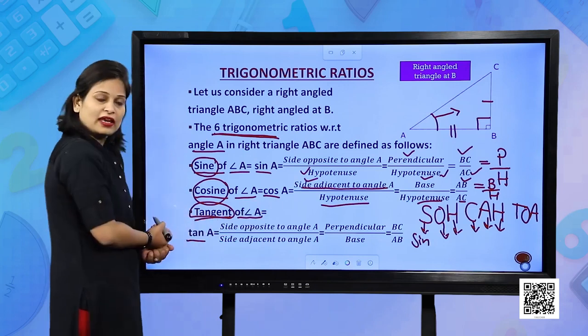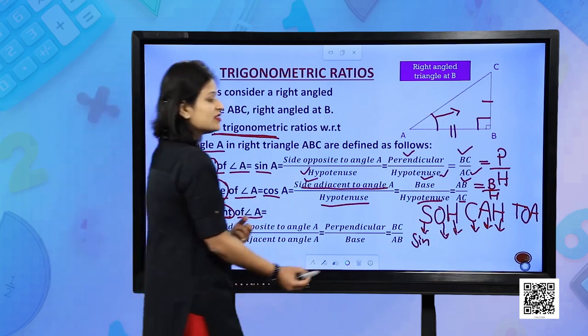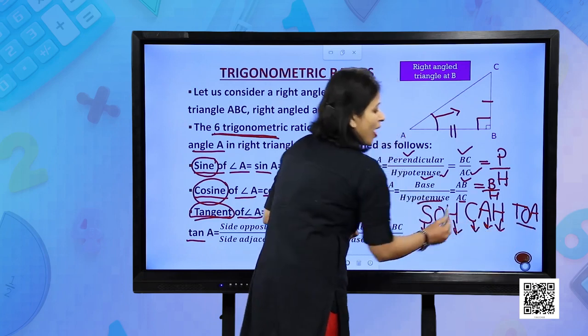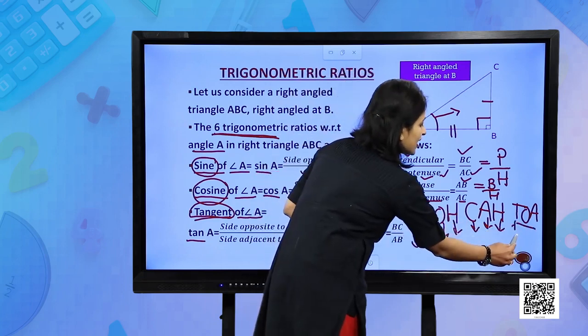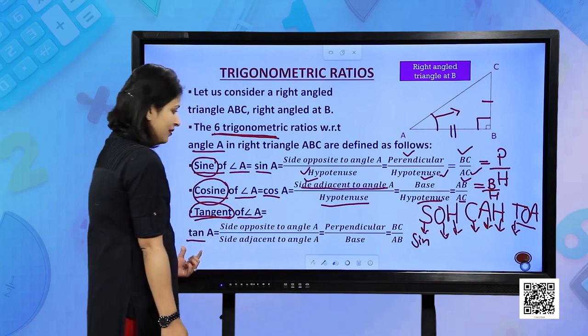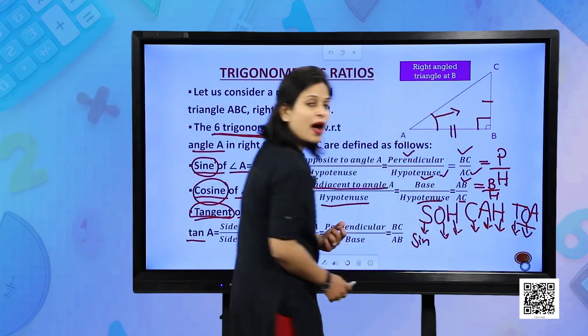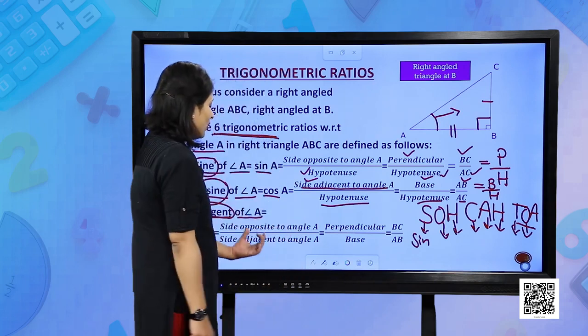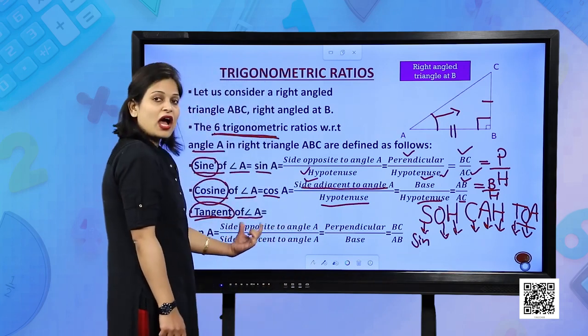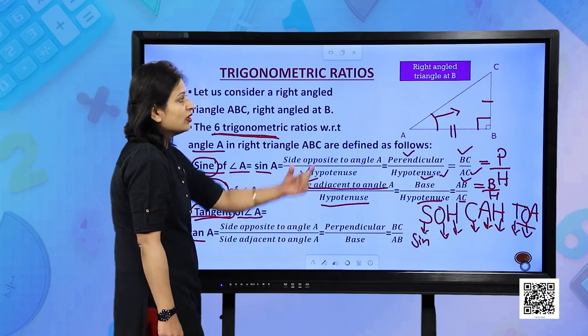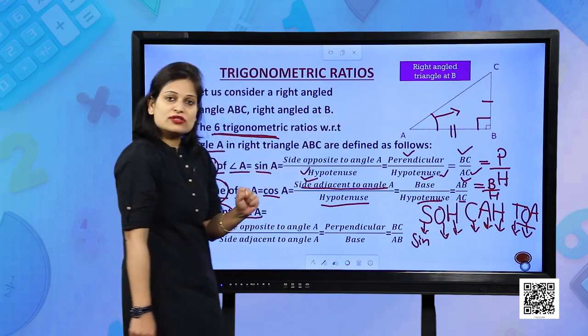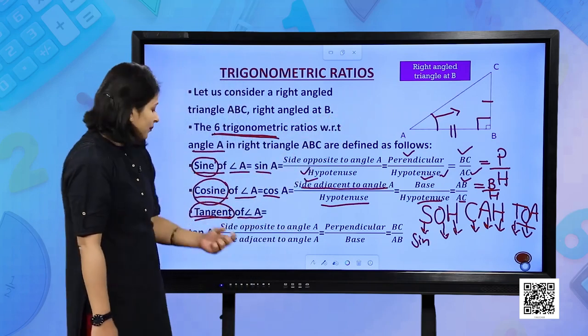Now comes tangent of angle A. Tangent means tan A. For this, just remember TOA. T stands for tan. O stands for what? Opposite side. As I already told you, side opposite to angle A is BC, which is also called perpendicular.